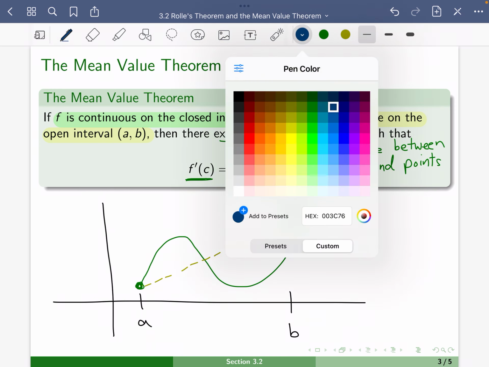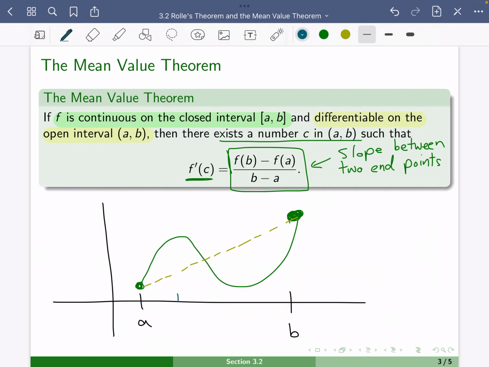So let's say right there-ish, maybe not quite there. So maybe right about there, there's a point where the derivative, the slope at that point, matches the slope between the two endpoints.